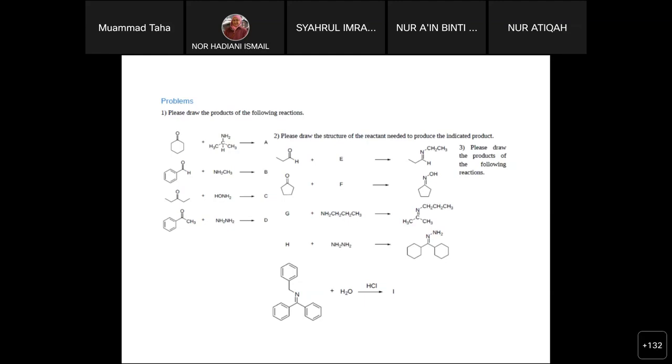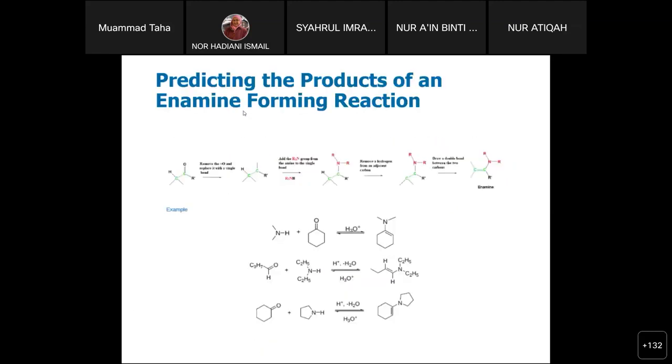Can you go one or two slides back? Yes. The important thing which you need to understand is that you see here this is the carbonyl and this is the alpha, and this is the alpha hydrogen. Always remember that an enamine can only form when there is an alpha hydrogen available.